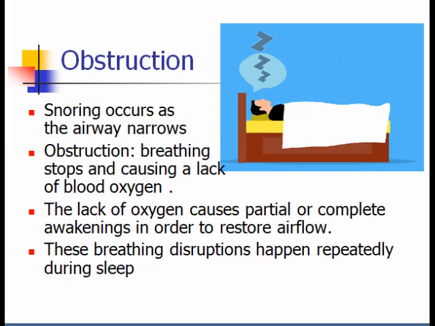With partial obstruction, we're still breathing, we're still moving air down into the lungs, but we're going to start hearing this snoring as those airways narrow and the tissue starts vibrating as the air passes this obstruction or this narrowed area.